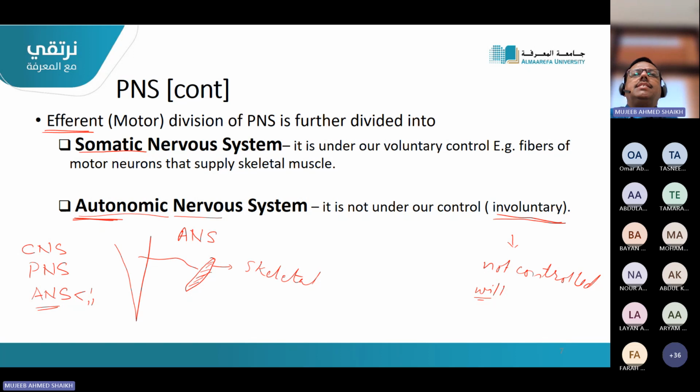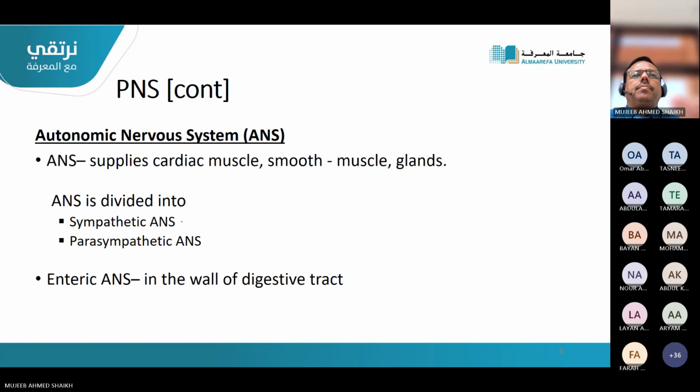So the efferent system has two parts: somatic, supplying the skeletal muscle, and autonomic, controlling the involuntary system, usually the smooth muscles.